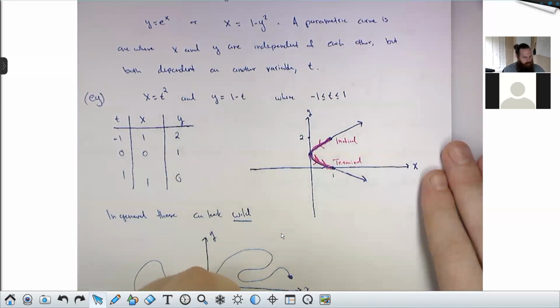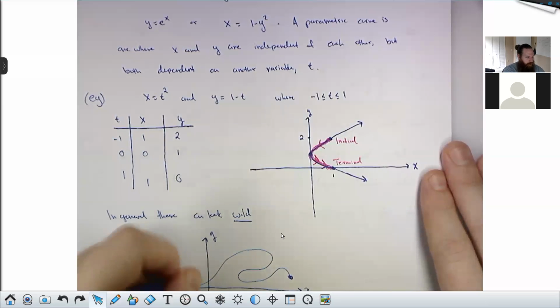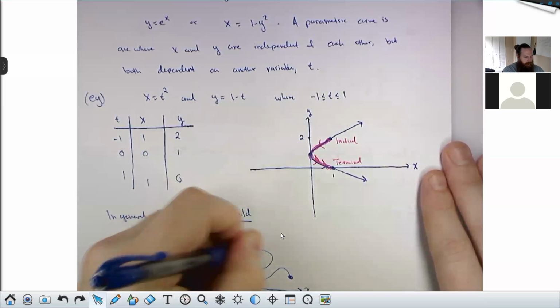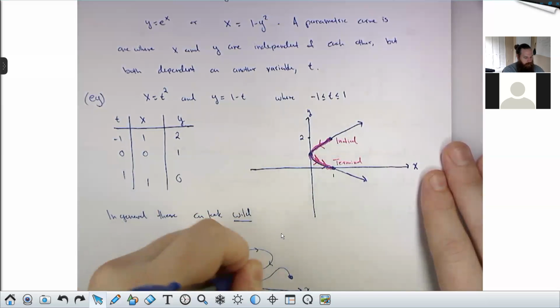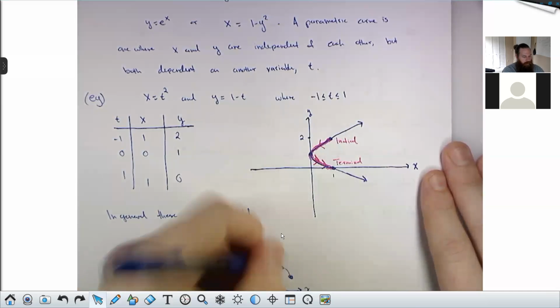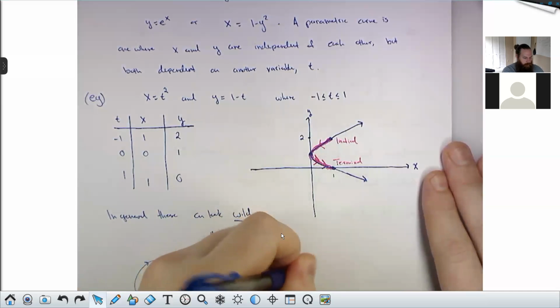But there's always an initial point, and that's the point associated with the smallest t value. And we think of it as a path that that point walks along. So it has direction until it gets to the terminal point.